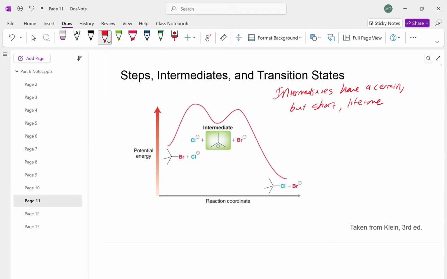So in this particular reaction, what is happening here is this bromine is leaving. It's taking its electrons with it, and we're forming this intermediate. We call it a carbocation. We'll talk more about those in a little bit.